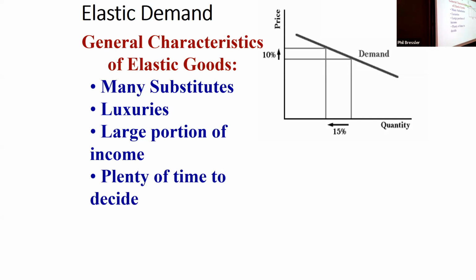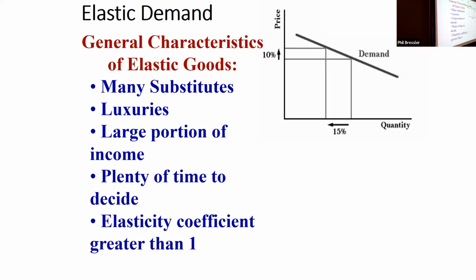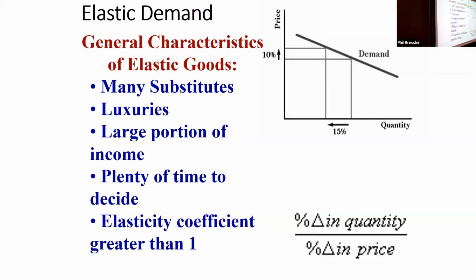So just remember, substitutes and time. Time is a big thing for elasticity. The more time you have, the more substitutes you could find. Coefficient is greater than 1. And again, percentage change in quantity over percentage change in price.